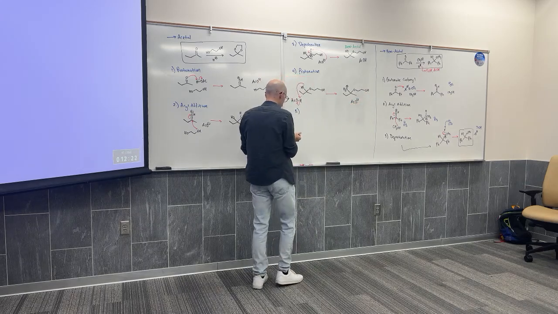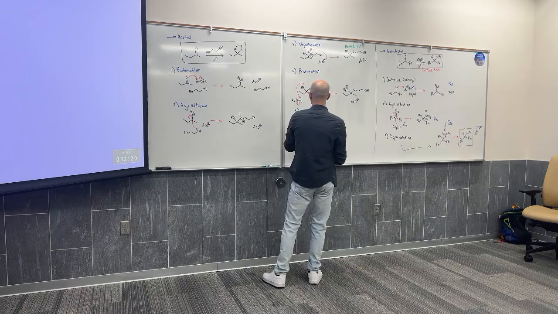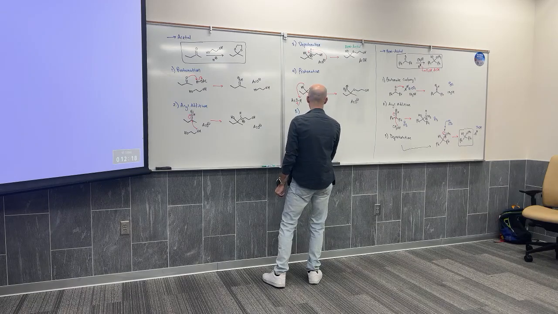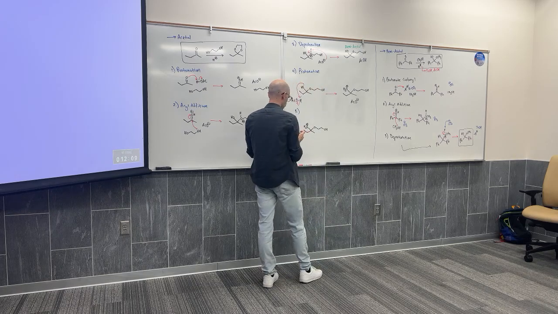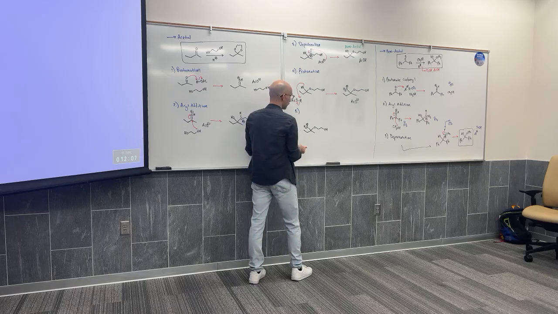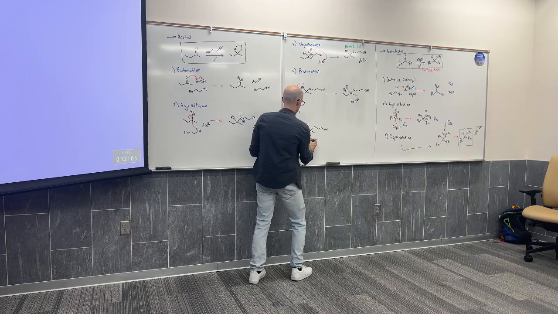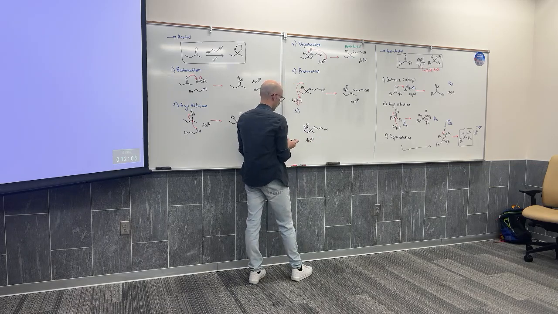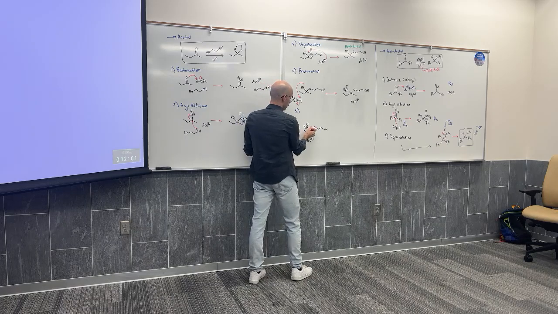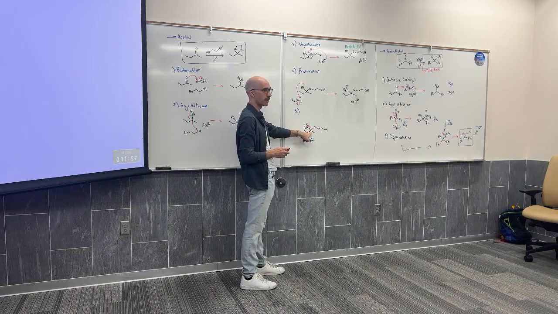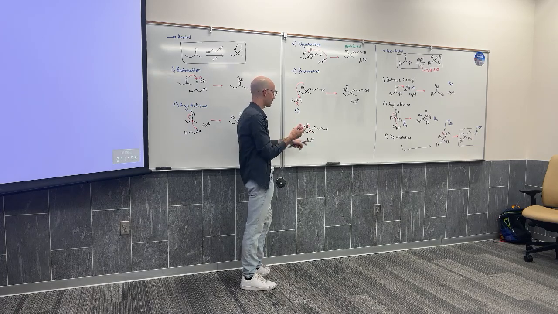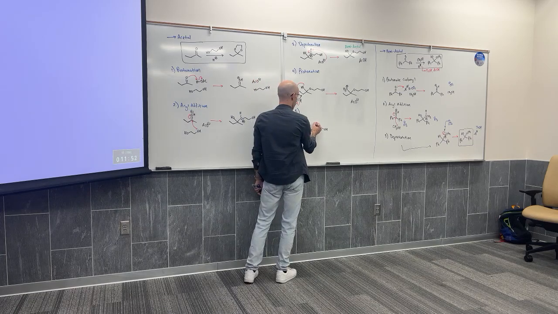The thing about this step, though, is that the carbocation that can form is not a normal carbocation. If this group leaves, and I'm going to keep my conjugate base in here, ACO minus, and it creates a vacancy on this carbon, oxygen has a lone pair that it can donate in.